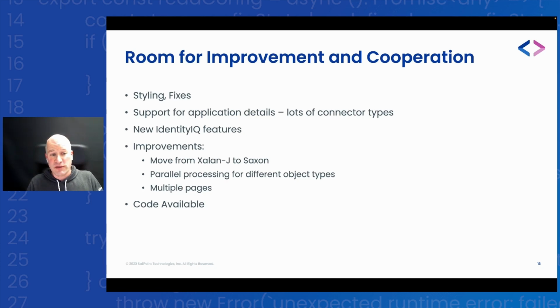One of my big wishes is to move from Xalan-J to the Saxon XSLT processor, which is more advanced and under better maintenance. And perhaps if we could split the document into multiple pages with a nice index page and separate pages for each chapter, each object type, it would be more scalable than it currently is.